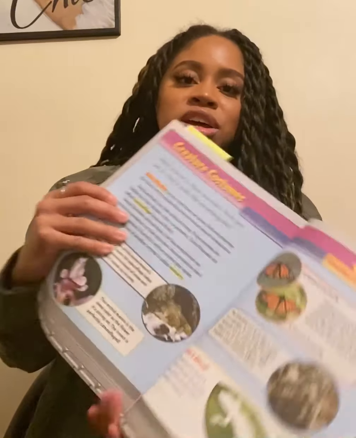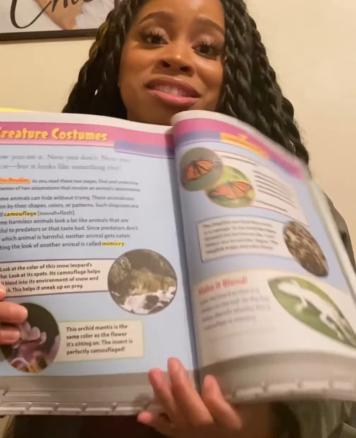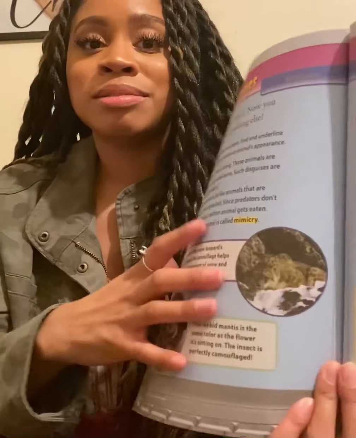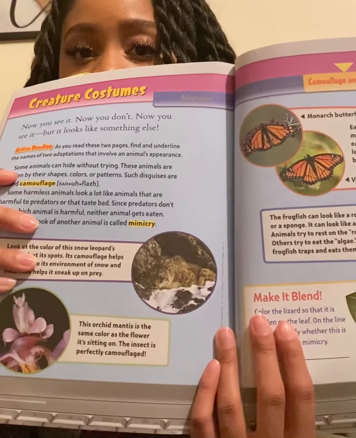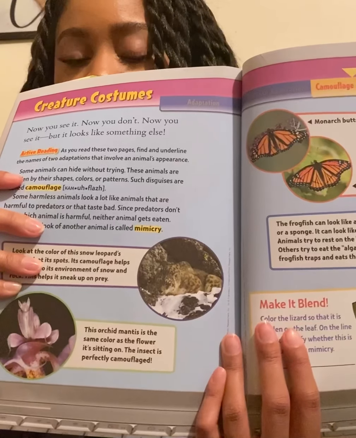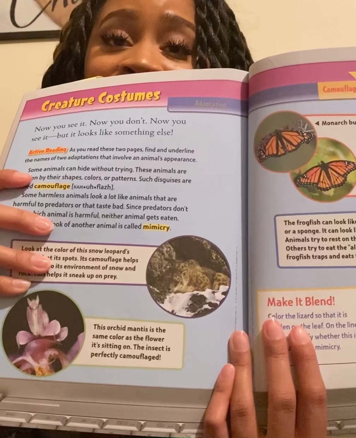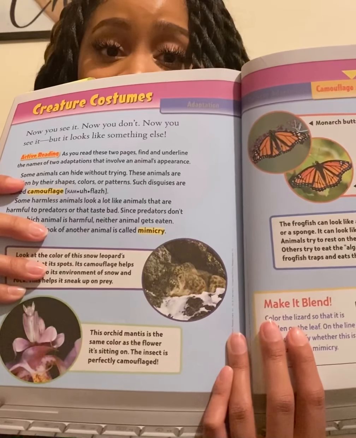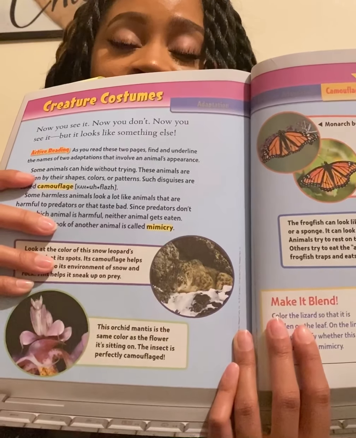Okay, so I'm going to show you one example of camouflage. So let's take a look at this snow leopard. Okay, you can barely see the snow leopard because it's blending in with its surrounding environment with the rocks. Okay, this snow leopard is camouflaging itself. It's blending in with its environment or the surrounding areas within its environment.